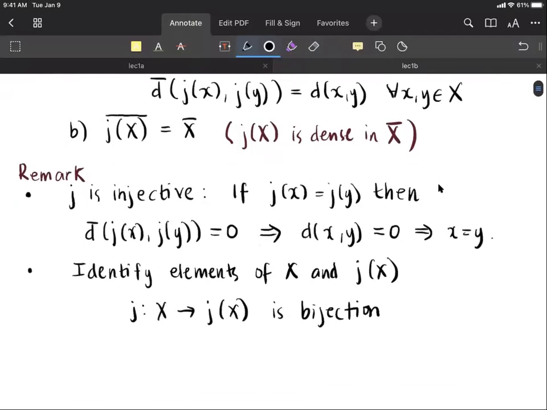So in this way, we can consider X as a subset of the completion X bar. Of course, here subset means actually that X has been identified with the image set, okay? And this image set is of course a subset of the codomain X bar.